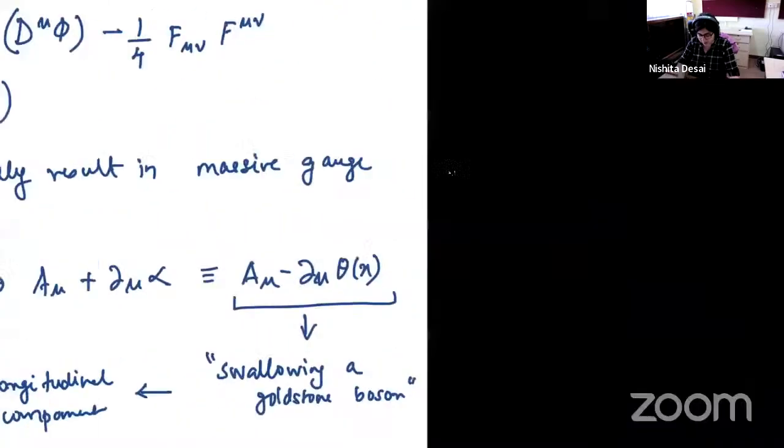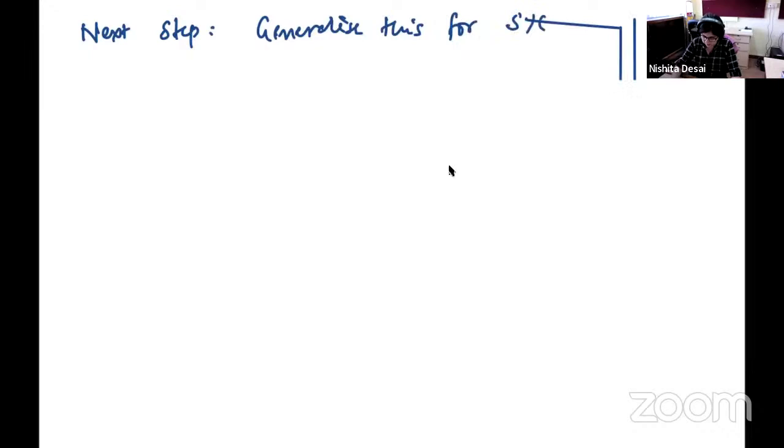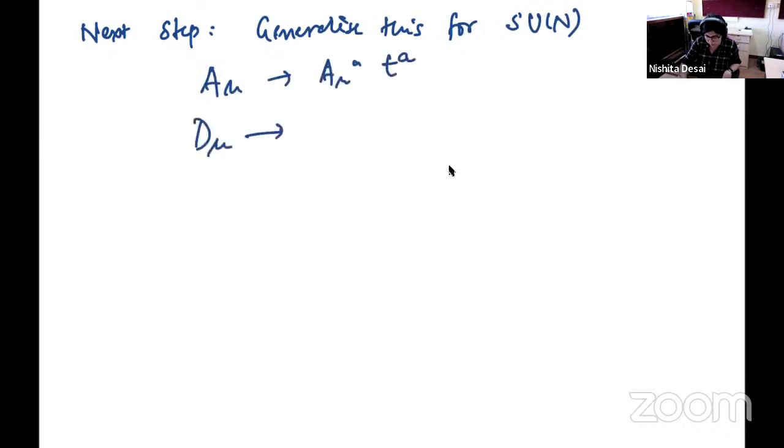Okay, so now our next step is to generalize this for SU(N). Okay. So we know your A mu becomes A mu A T A, or del mu becomes D mu, right, so these are things that we already know.